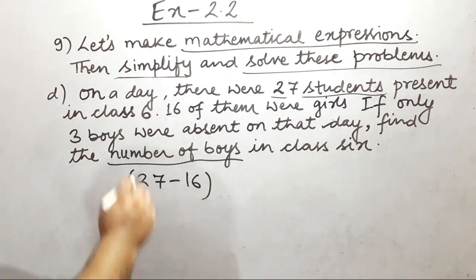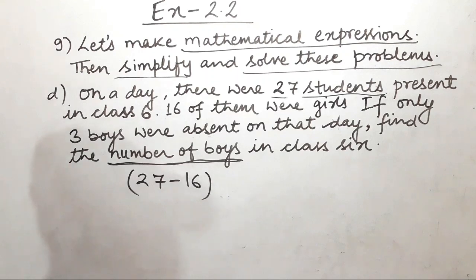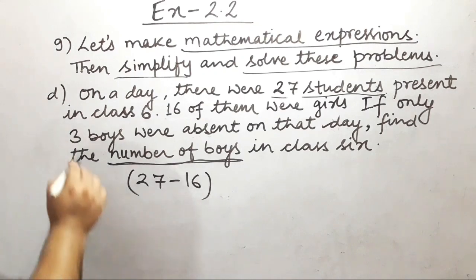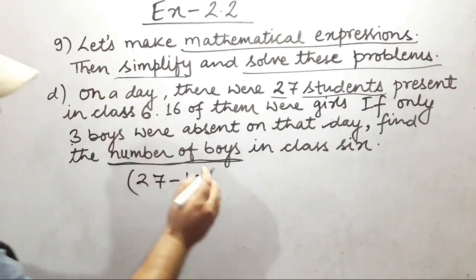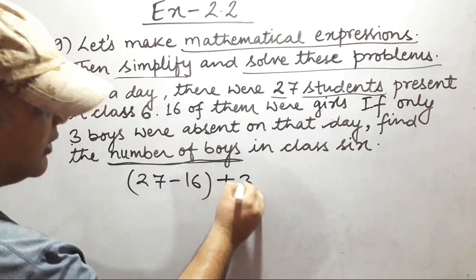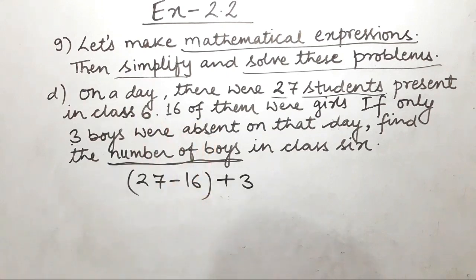But the question says we have to find out the number of boys forever in that class, that is for that session. How many boys would be in that class? Since 3 boys were absent, the number of boys on that particular day plus 3 would give us the number of boys in that class for that session.